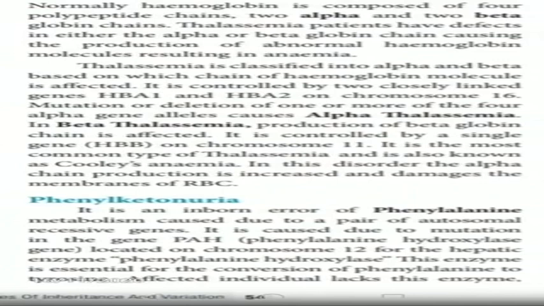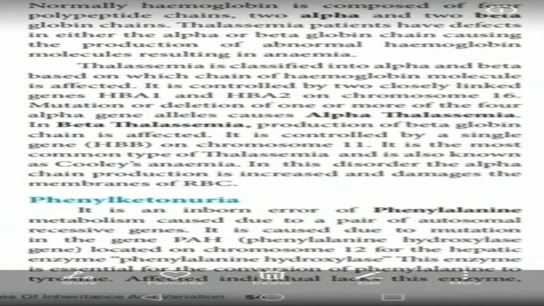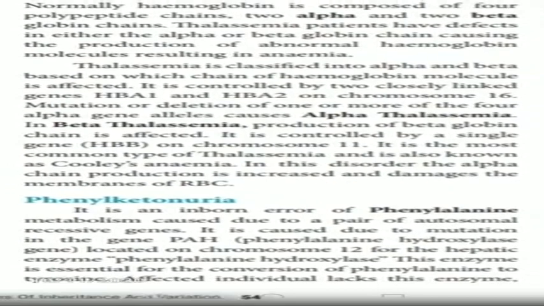In beta thalassemia, production of the beta globin chain is affected.